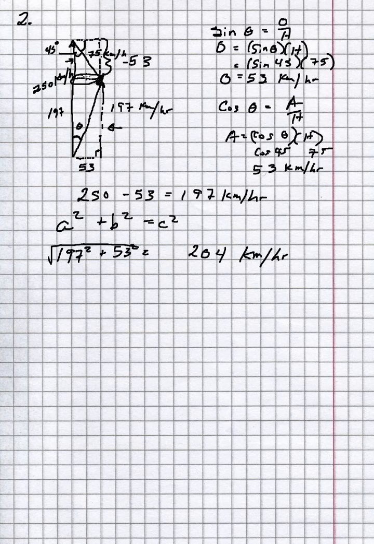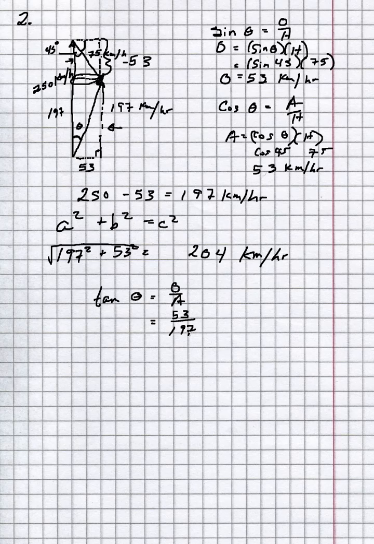I've got all kinds of things I could choose, but let's do tangent. The tangent of angle theta is equal to the opposite over the adjacent. So the tangent of my angle theta in this case is going to be equal to 53 divided by 197.